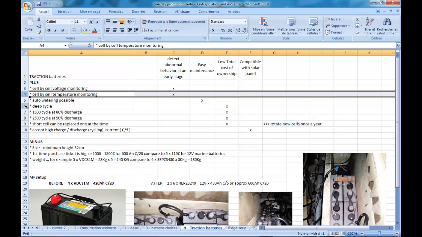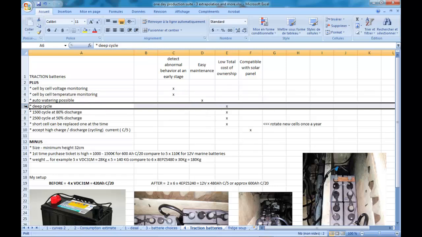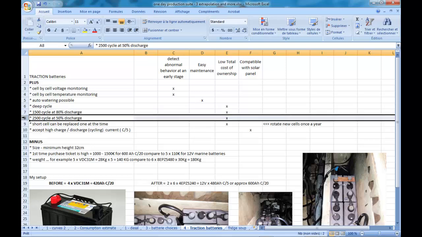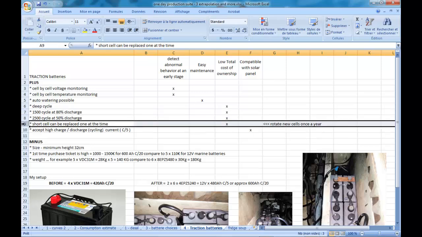Now, what else? Deep cycles, so you have low total cost of ownership, a lot of cycles at 80% discharge, and even more cycles at 50% discharge. And also imagine you have one dead cell. If you have this in a normal battery, you have to change the whole battery.